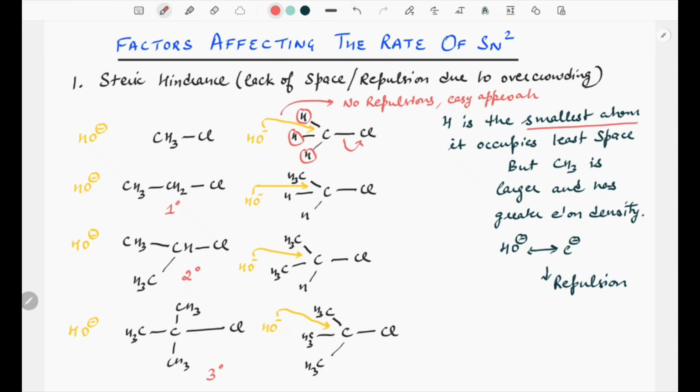But now in case of secondary, this CH3 group is present. Now due to this, there are going to be some repulsions.